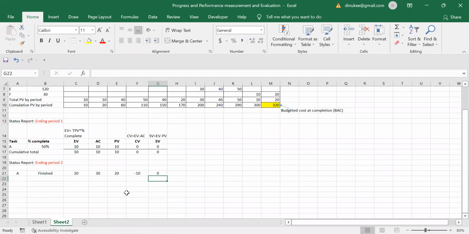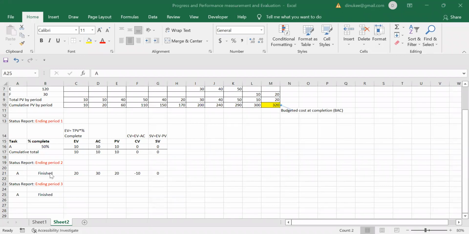Right. Now I will go to the status report of ending period 3. Activity A is now already finished, right? I forgot to take the cumulative.